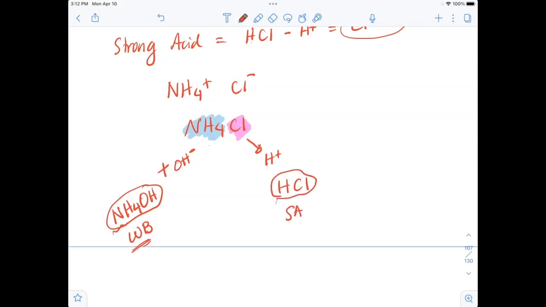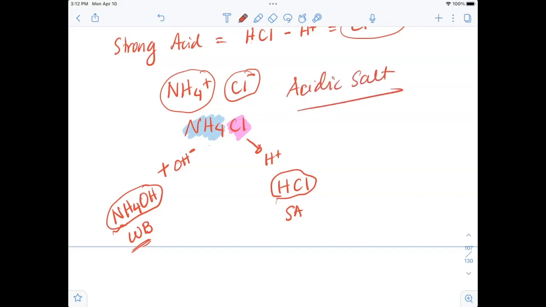So if you have a salt where the anion came from a strong acid and the cation came from a weak base, then the strong component controls the nature of the salt. So this is going to be an acidic salt, because the negative ion came from a strong acid.